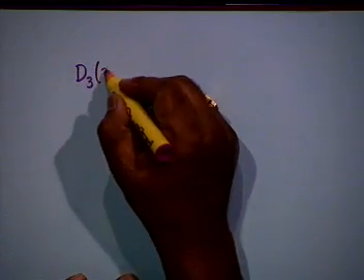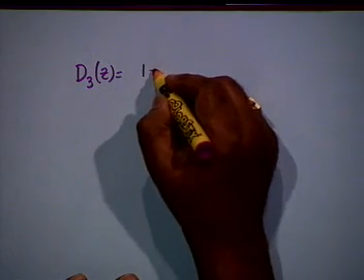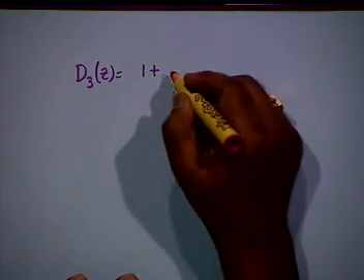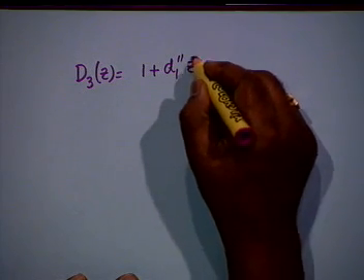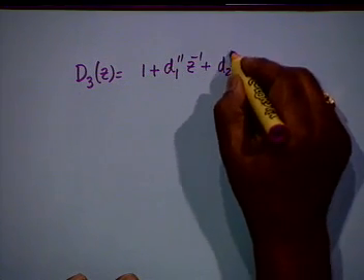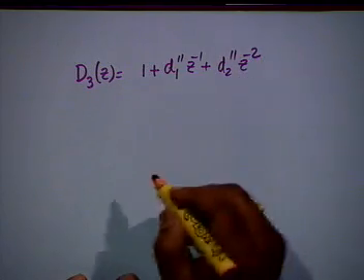Now you don't have to go through writing A3, or it's better, write d3 of z as equal to 1 plus, now I am running out of symbols, so I shall use a double prime, d1 double prime z inverse plus d2 double prime z to the minus 2.